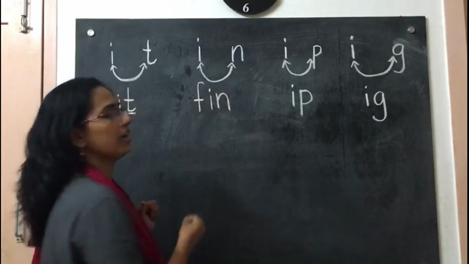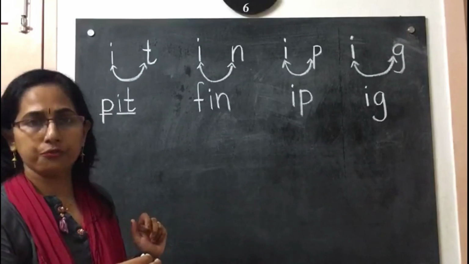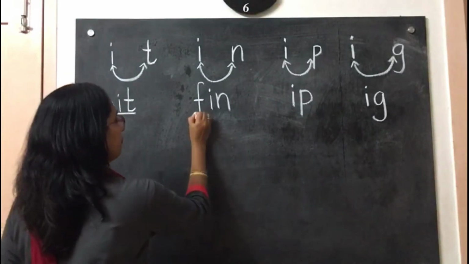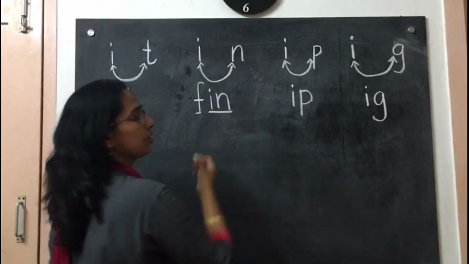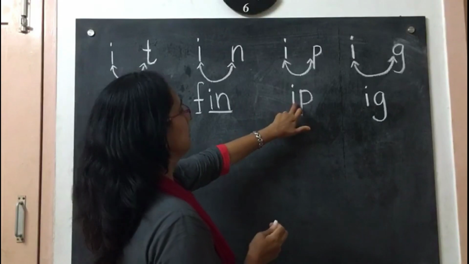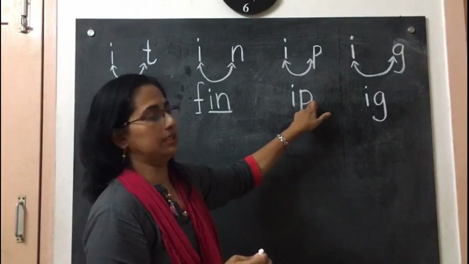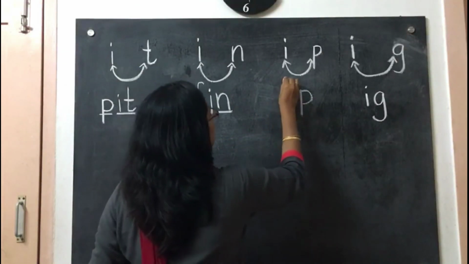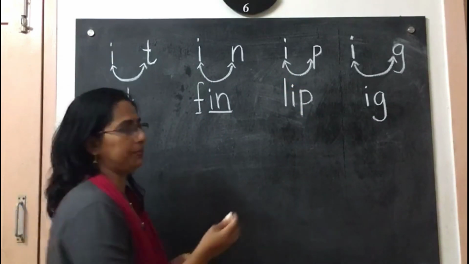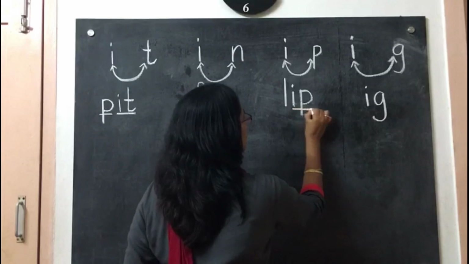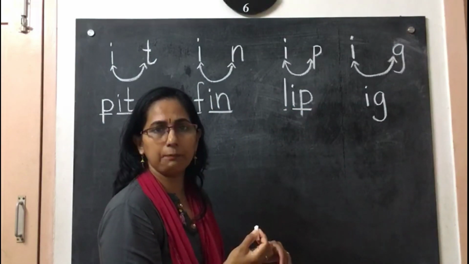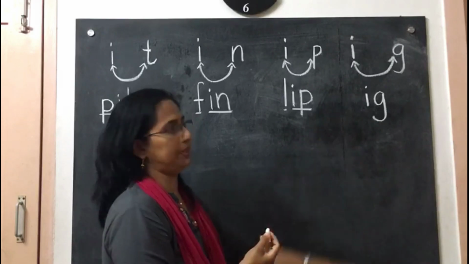Now, in. I'll add letter F. The sound of F is F. In, fin. The next one is I, P. I'll add letter L. Ip, lip.